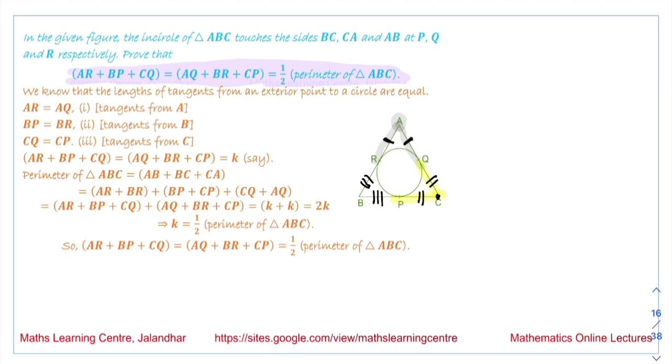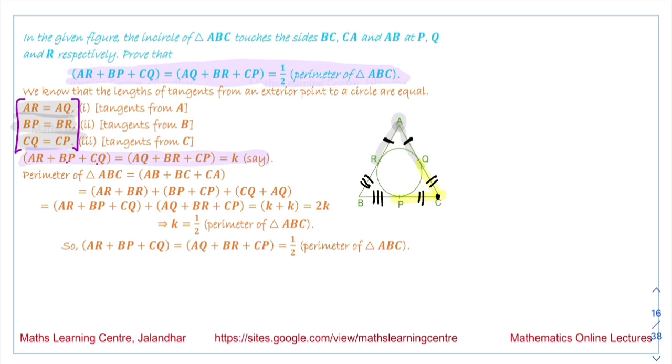So we have written these 3 equations: AR is equal to AQ, BP is equal to BR, and CQ is equal to CP. When we add these 3 equations, we get AR plus BP plus CQ equal to AQ plus BR plus CP, and suppose this value is equal to some constant K.